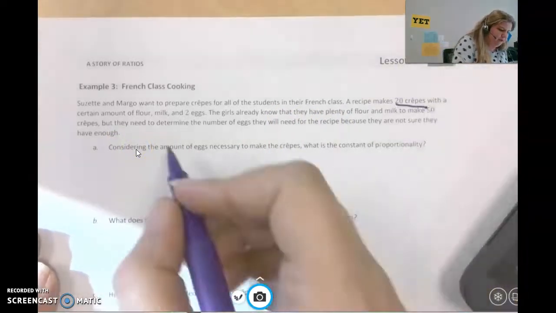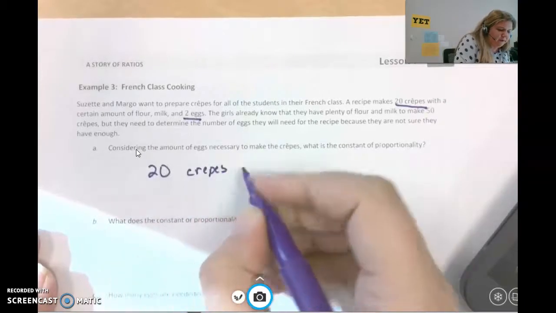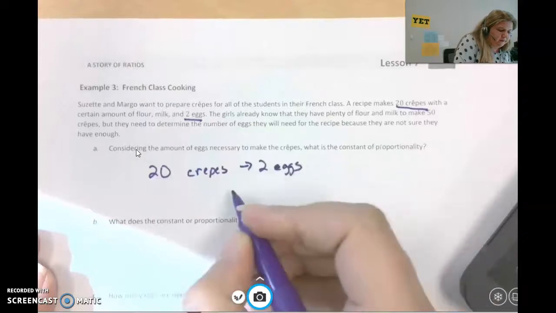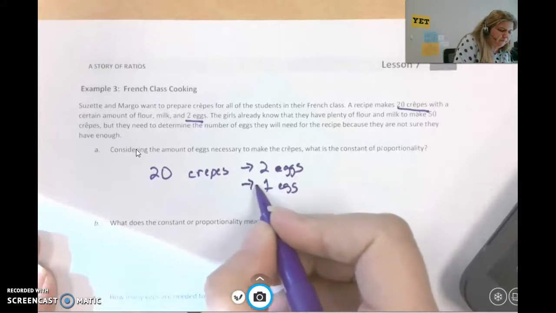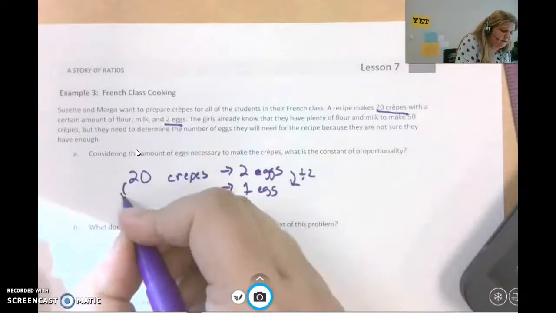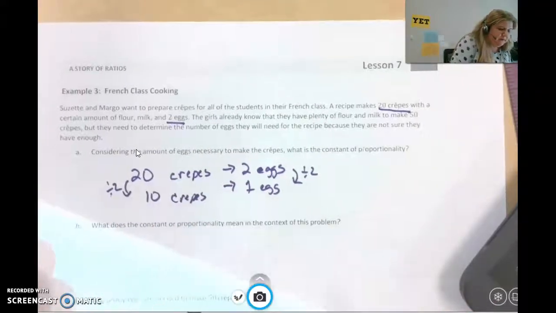We know 20 crepes, 2 eggs. So if I divide this by 2, it's going to be 10 crepes for 1 egg.